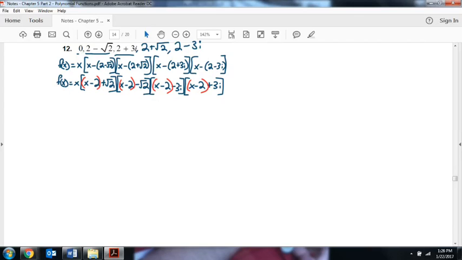So, we've got f of x equals x. Now the square of the left one, x minus 2, is x minus 2 squared, minus the square of the right one. The square root of 2 squared is 2. Okay, that takes care of the first two.